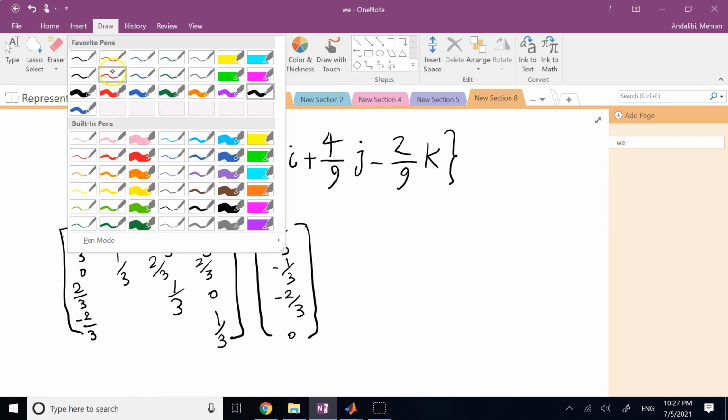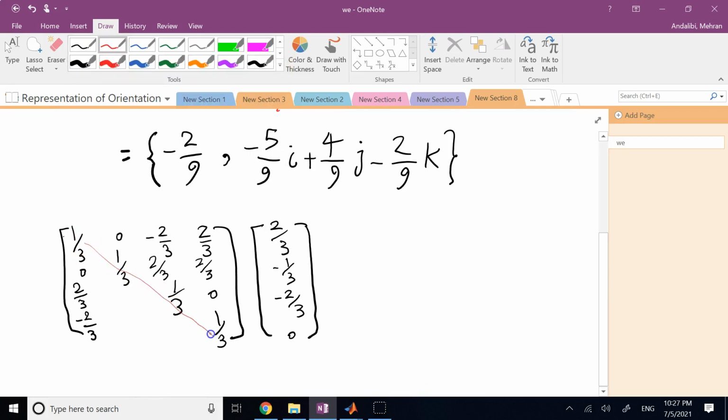So if you remember, this was your main diagonal. And so here, if you mirror this 2/3 with respect to the diagonal, this element is also going to be 2/3, but with a negative sign. Remember, when you mirror any element with respect to the main diagonal, it should be negative of that. So this is going to be negative 2/3, this 2/3, right? And this 0, negative of that is also 0. That 2/3 is going to be negative 2/3 here. So that is the matrix for Q of A.